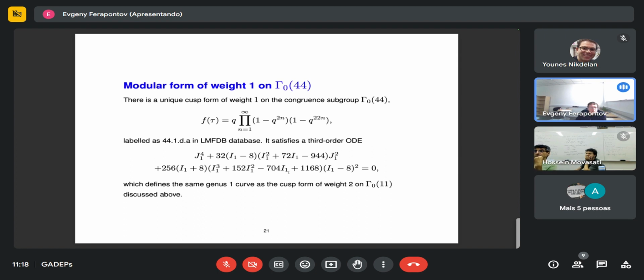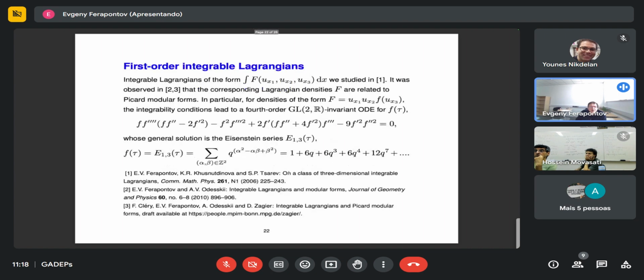Okay. And then I want to discuss an example of how differential equations of modular forms appear in the classification of integrable systems. In this paper we looked at the general class of first order Lagrangians of this kind.